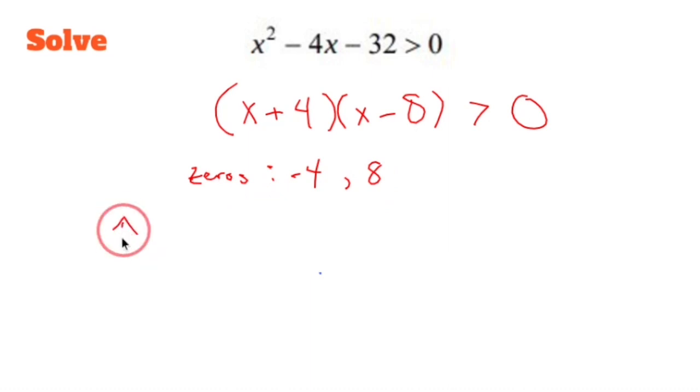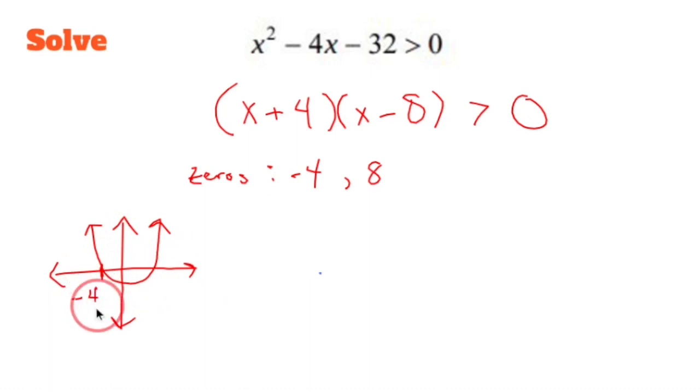So now that I have a little bit more clarity, I can draw myself a slightly better picture, a picture that looks like this, where this guy right here is negative 4, this guy right here is 8, and I only care about these parts right here. Now, I knew that my picture would look like this. So technically I have my answer, but let's just say I didn't know.